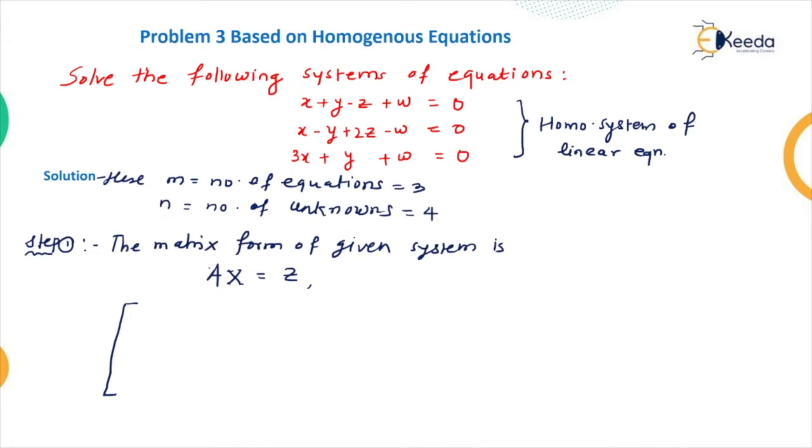For the coefficient matrix, observe the coefficients of equation 1: x coefficient is 1, y coefficient is 1, z coefficient is -1 and w coefficient is 1.